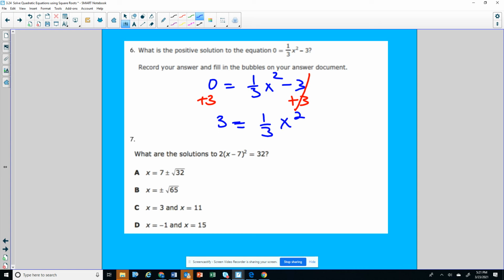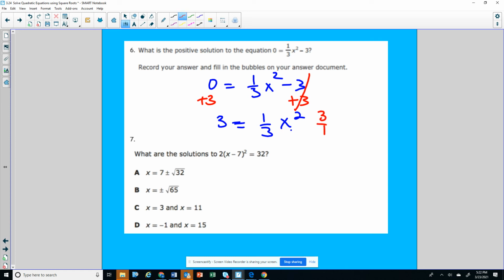Okay? Now, you probably forgot this part, all right? We did it a long time ago. I want to get x squared by itself, but I have a fraction there. Now, how do I cancel the fraction? Well, remember, we multiply by the reciprocal, all right? So to cancel the fraction, I'm going to multiply both sides by the reciprocal. So 1/3, what cancels 1/3? 3 over 1 is going to cancel 1/3.